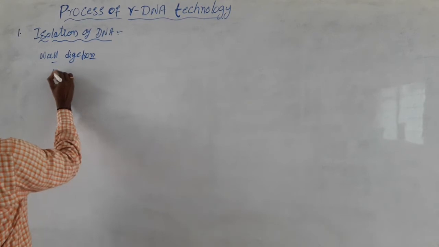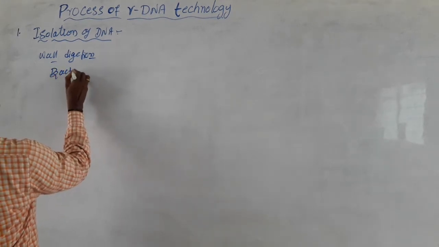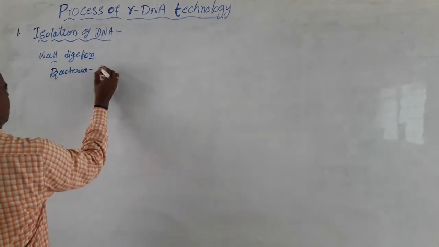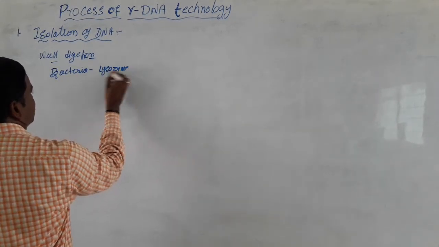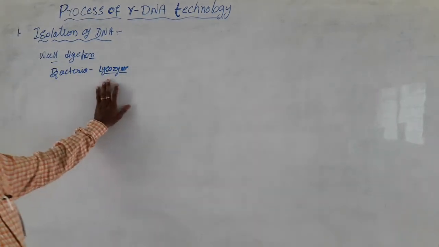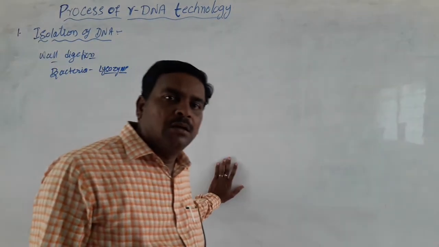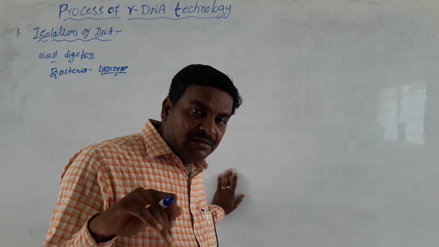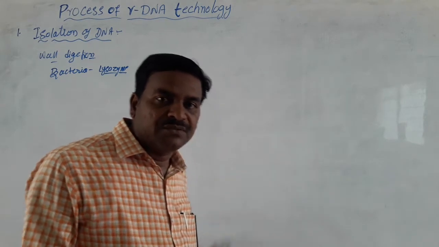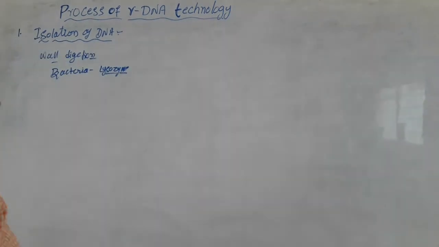For example, in case of bacteria, lysozyme is used. In case of the bacterial cell wall, lysozyme is used for the digestion of the cell wall.